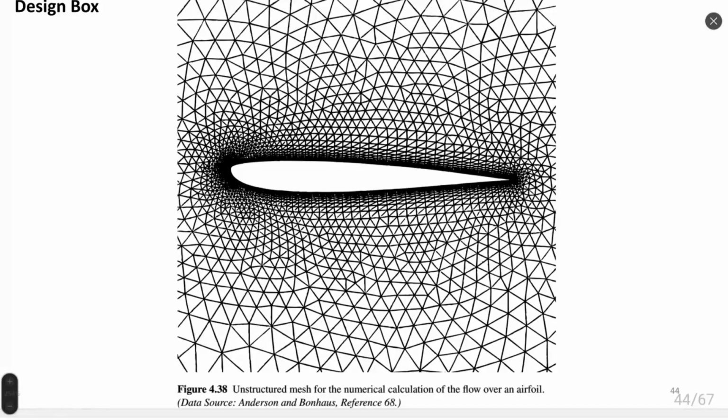How much you lose is each time different. You can lose all the physical process. You can lose several percent. It depends on geometry, depends on simulation conditions, depends on what you try to evaluate.